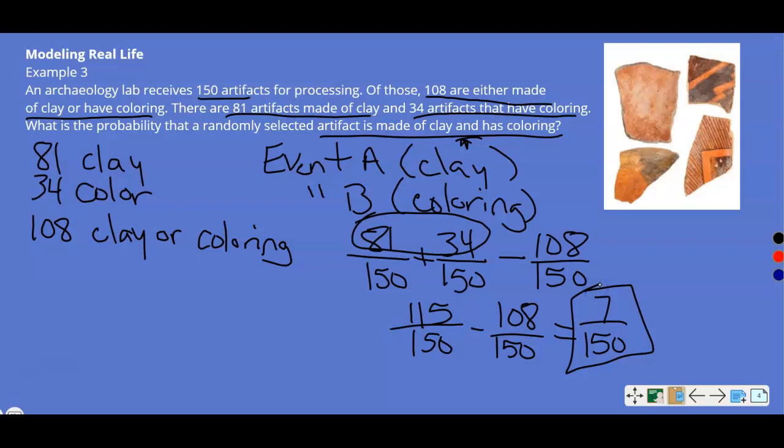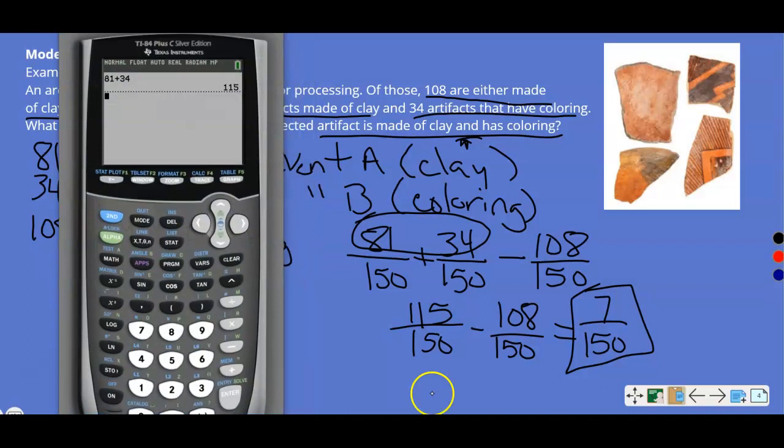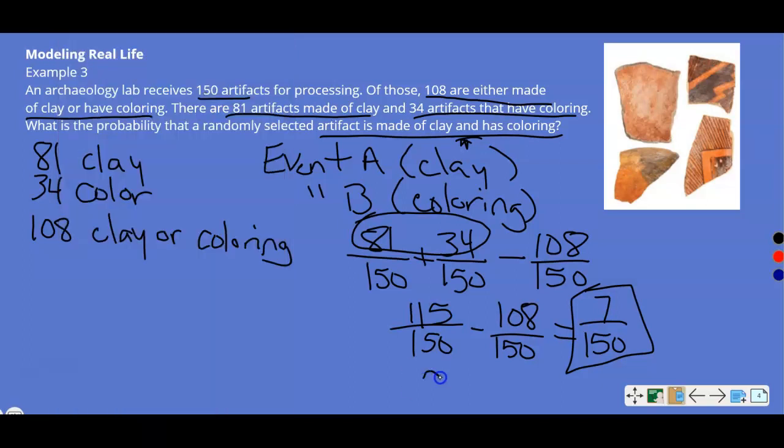So 7 over 150 will be made of clay and, the key word here, has coloring. So an artifact made of clay and has coloring. We can convert 7 over 150 to a percent. It's going to be about 0.047, so about 4.7%.